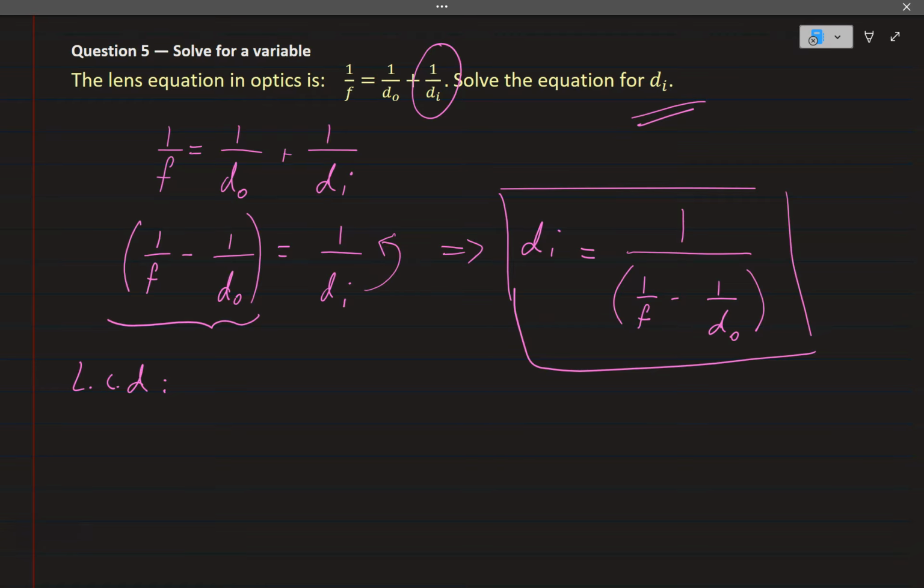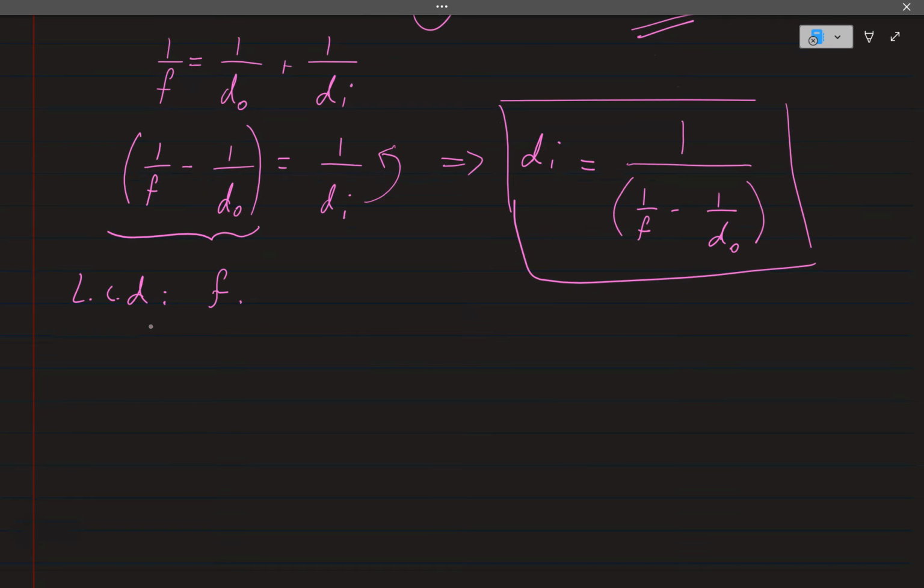So what is it? Well, f times do, that's your LCD. So you have to multiply the first by fdo, and then you get fdo and do on top, minus, and then you get f on top, and then fdo in the bottom again.